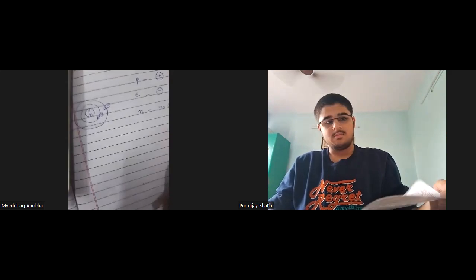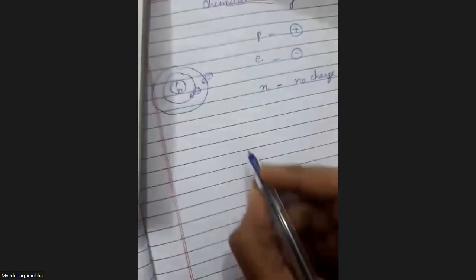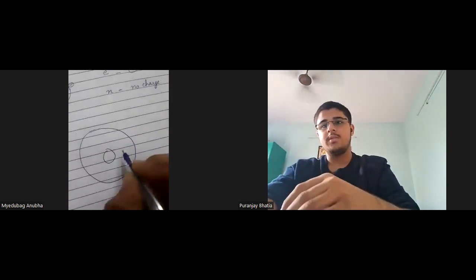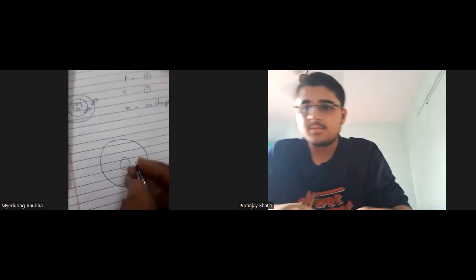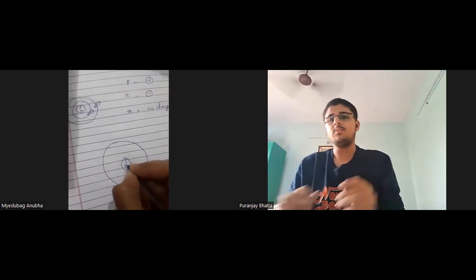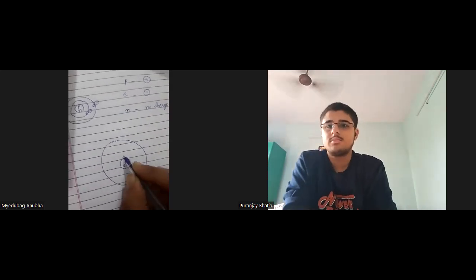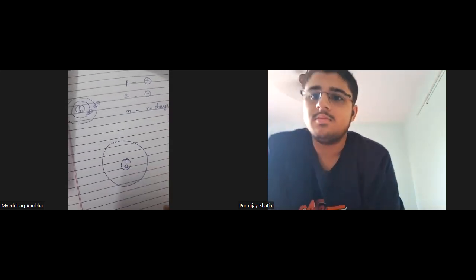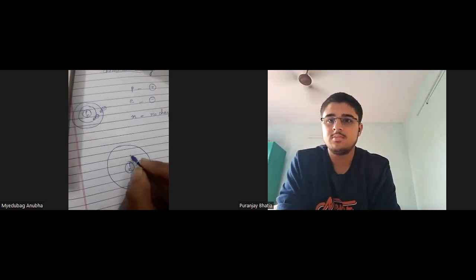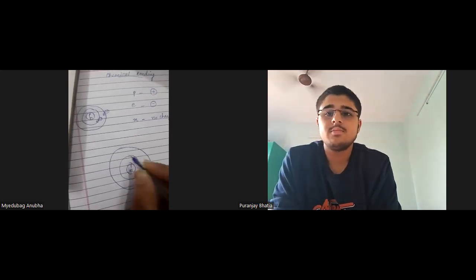Okay. So when we are reading about the structure of an atom, we know that inside the atom is a center which is known as the nucleus. Inside the nucleus, two of the subatomic particles are placed, which are proton and neutron. We have just the electron left, which revolves around the nucleus.